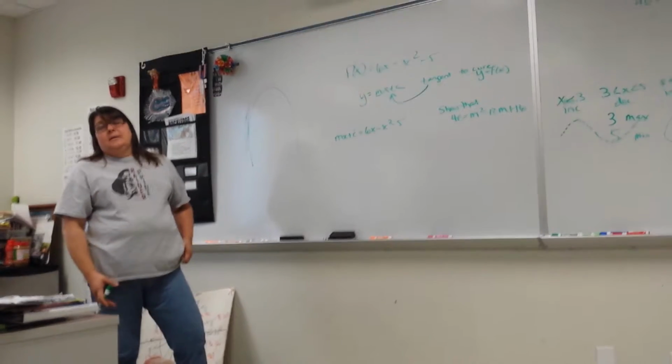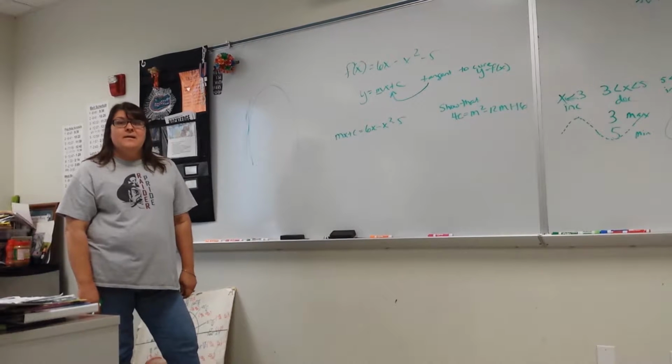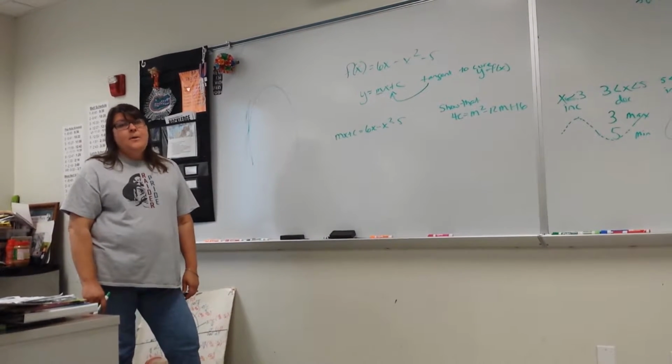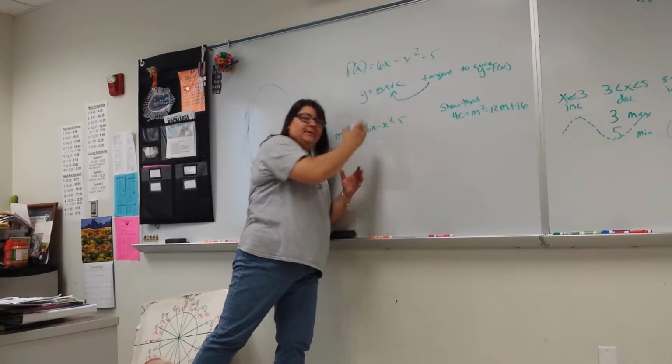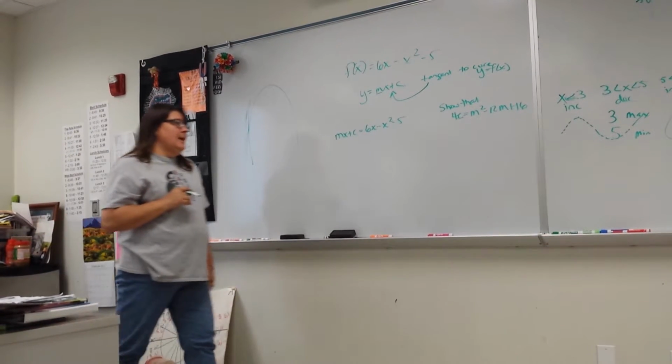Oh, I think I understand, because the actual equation, 6x minus x squared minus 5, meets the tangent line because it hits it at one point. So we don't actually have to find the derivative, those two equations just meet each other. There we go, now we're on a roll.